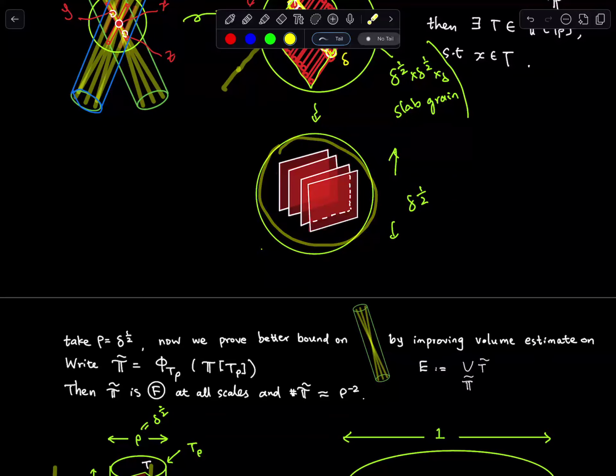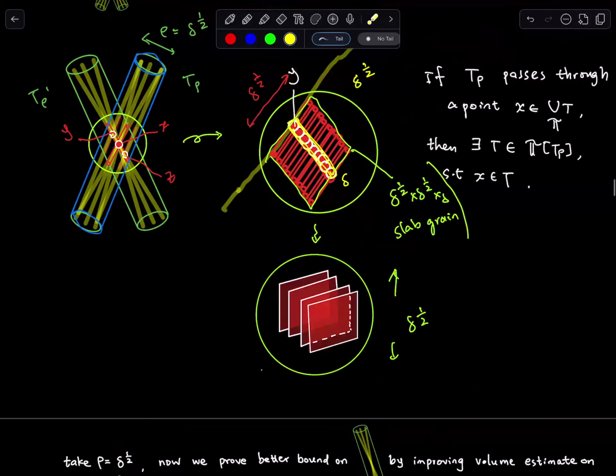So that is the structure of the sticky Kakeya set that we spent a long time in the last talk to deduce from this key property: if a fat tube passes through a point in the sticky Kakeya set, then there must exist a thin tube inside this fat tube passing through this point as well.